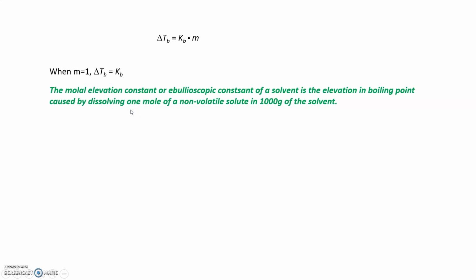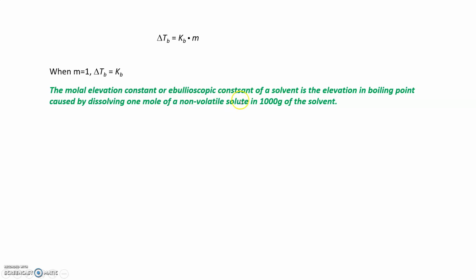Now, delta TB is equal to KB into m. When molality is equal to 1, delta TB equals KB. So we can say that the ebullioscopic constant, or the molal elevation constant, is equal to the elevation in boiling point when 1 mole of non-volatile solute is dissolved in 1000 grams of solvent.